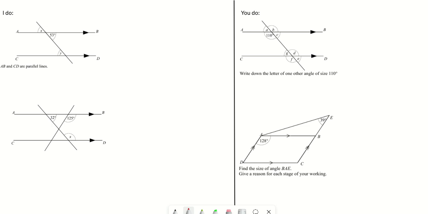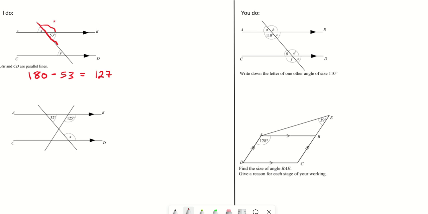So if we go back to the basics of angle rules, we can see that this angle here and 53, they're on a straight line. Angles on a straight line add to 180, so 180 minus 53 must equal 127.